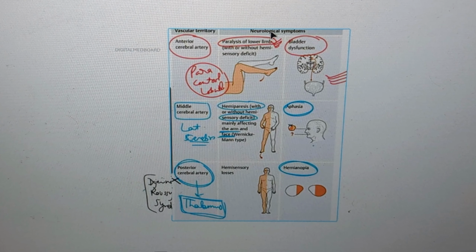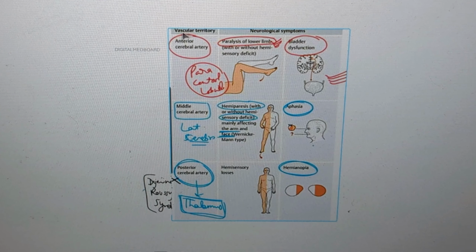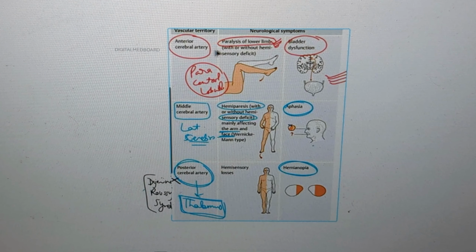Now we are going to discuss the neurological symptoms of these three vascular territories. At first, anterior cerebral artery deficits cause paralysis of the lower limb with bladder dysfunction in the paracentral lobule.